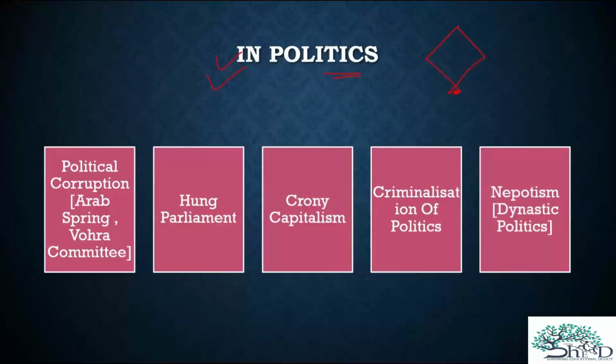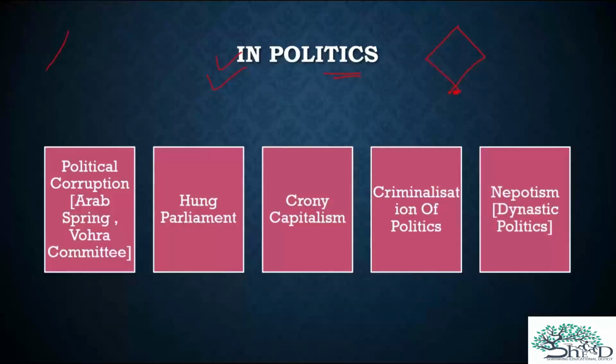Let's start with Gandhiji's example, that he said that politics without principles is a sin. It is one of his 7 sins, right? So the Vohra Committee said that political corruption is the fountainhead of corruption in India.